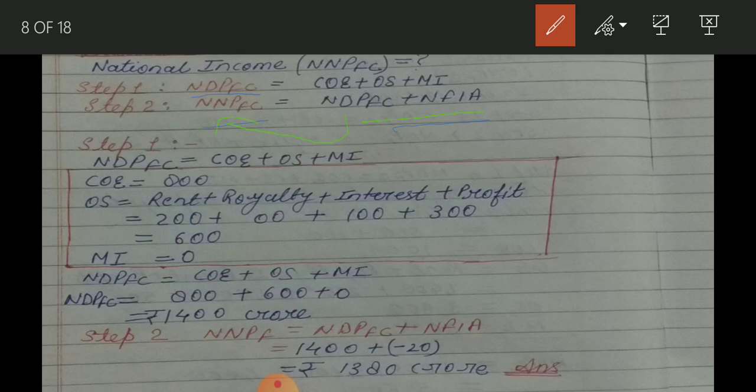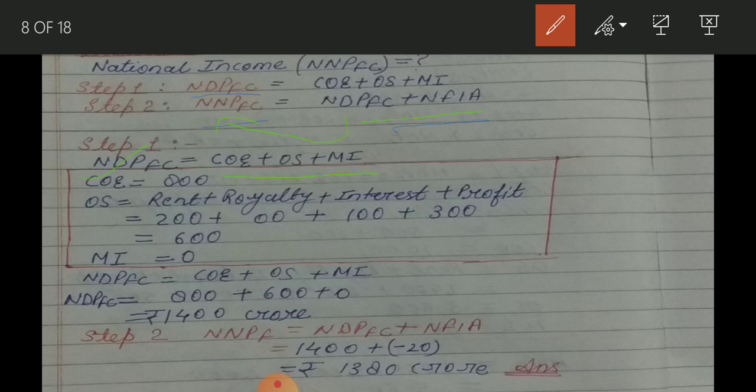So the first step is the calculation of net domestic product at factor cost. For that we have to add compensation of employees, operating surplus and mixed income: COE plus OS plus MI. The value of COE has been given equal to 800, but the value of operating surplus is not given directly, so we have to calculate it by adding its components.